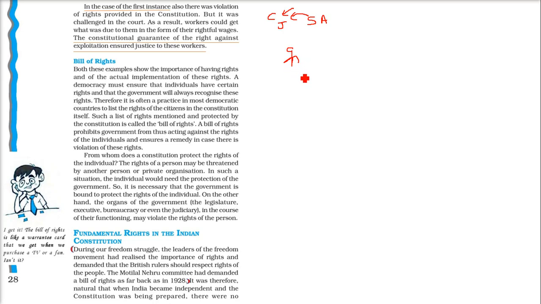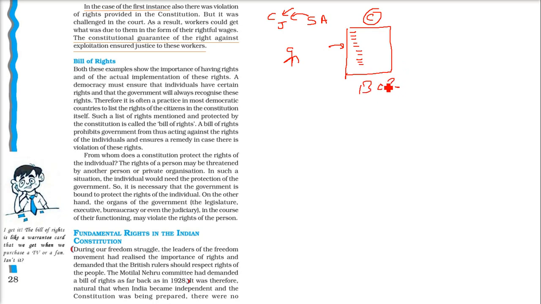And these rights are mentioned in the constitution itself. They are enlisted in the constitution, and this list of rights mentioned and protected by the constitution is called the Bill of Rights.